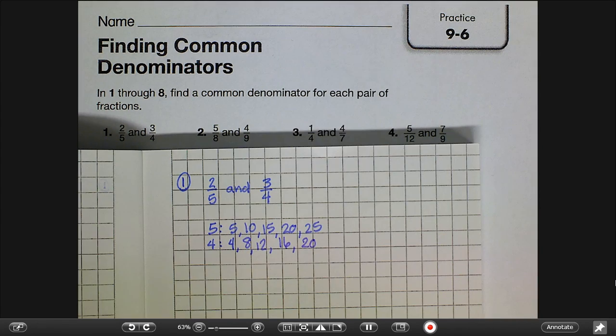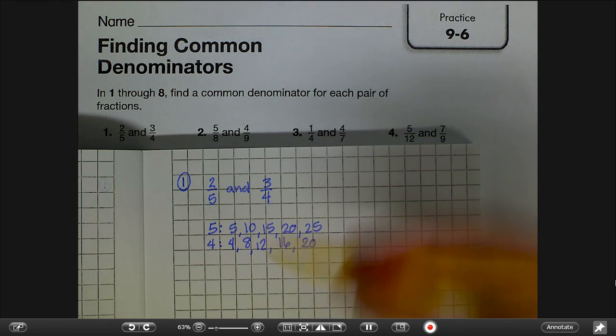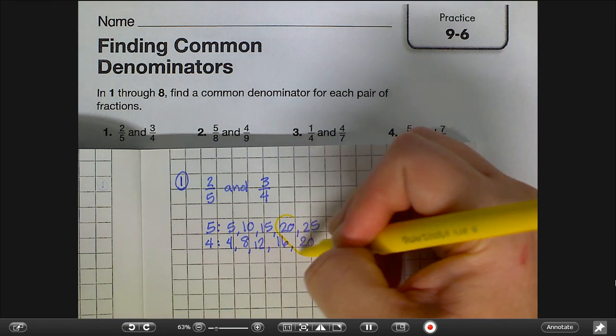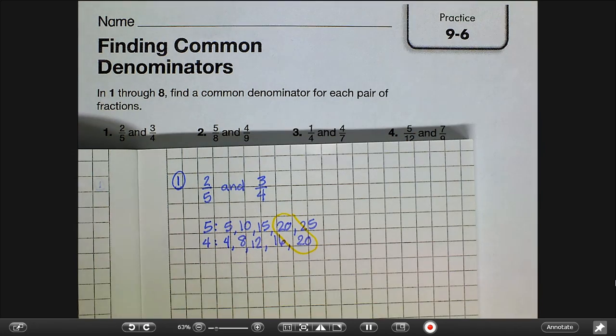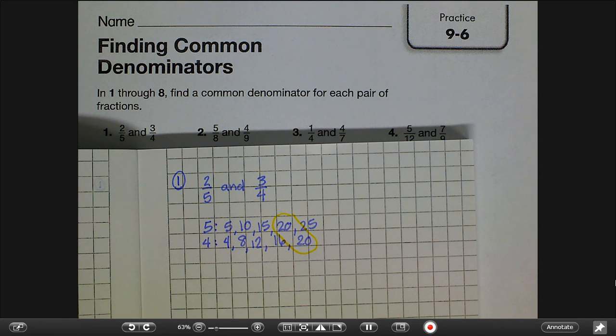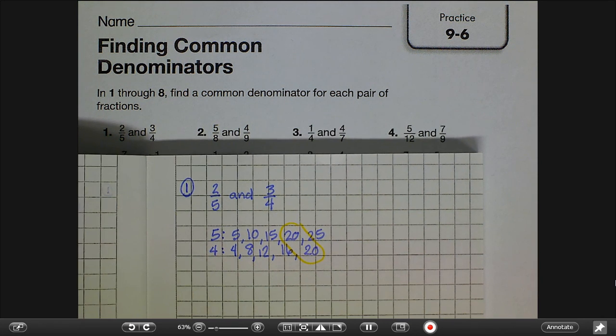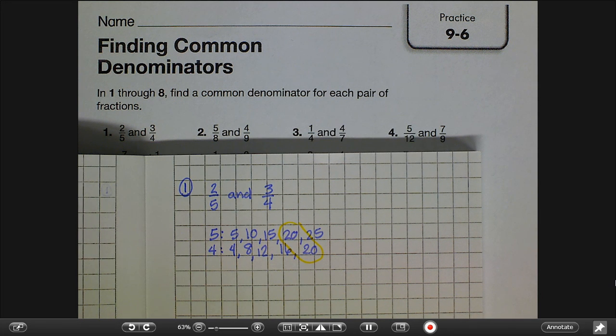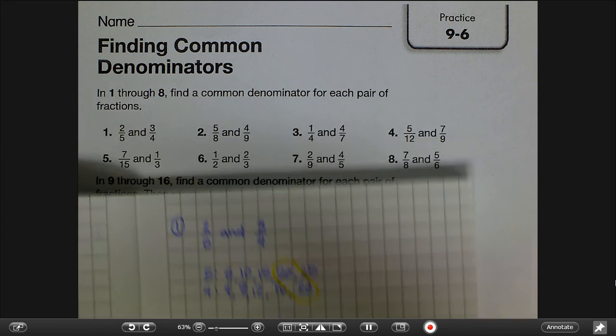Now I already see a common multiple, so I can go ahead and stop because it's going to be the least. If I stop at the first one, that's the least common multiple. Okay, so that would be our common denominator for number 1, 20.